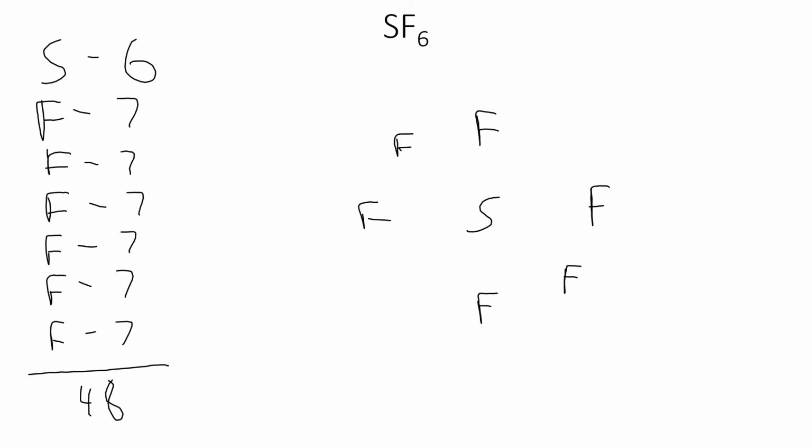Again, it doesn't really matter how you spatially put them in. Here are my 6 fluorines. Next, we would complete an octet of electrons around each outer atom. So that would be 3 lone pairs around each fluorine.